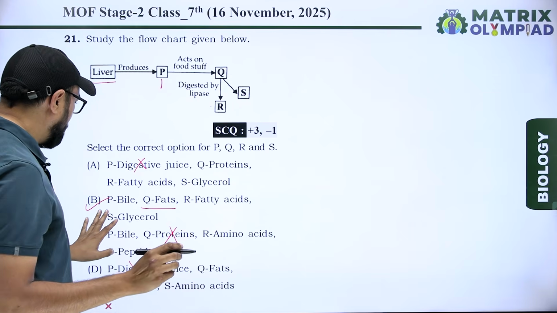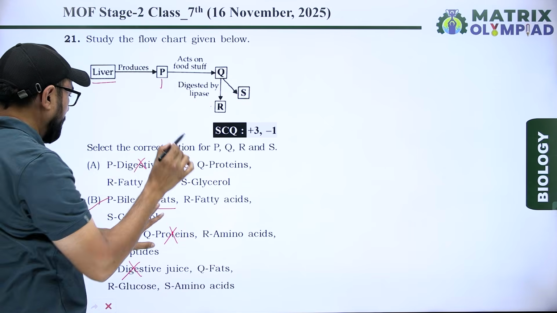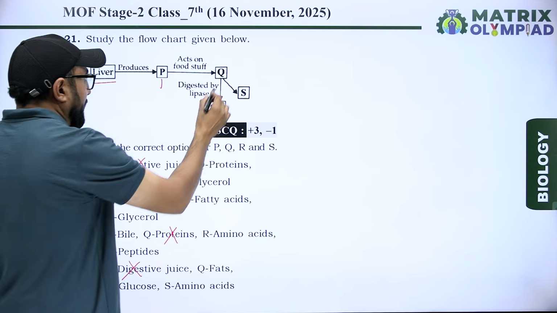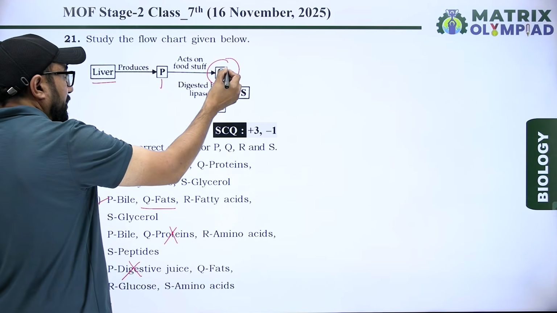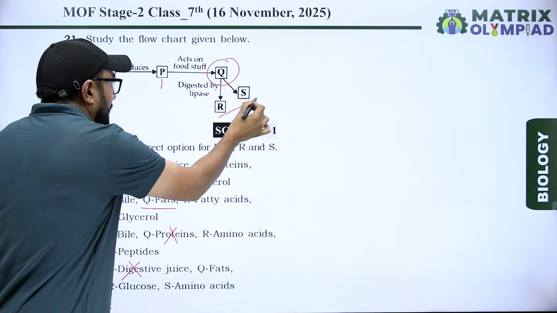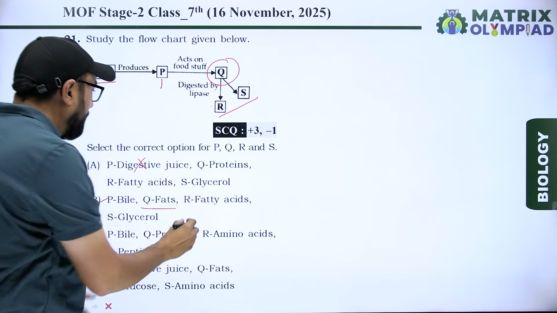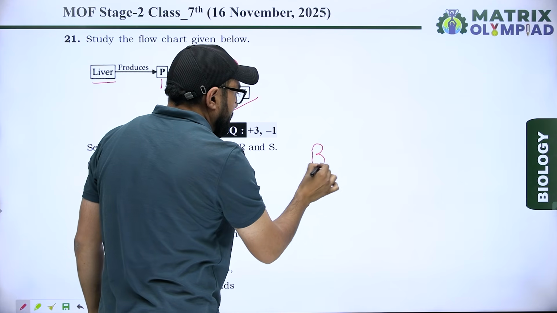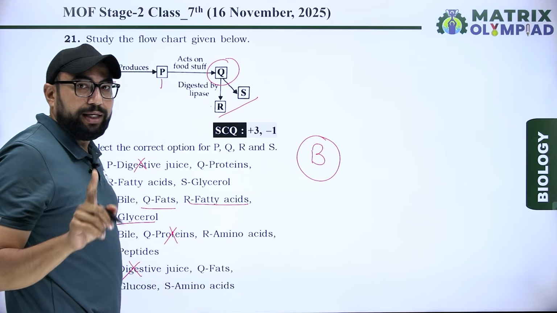So option B, bile, Q, fat, R, fatty acid and glycerol. It means fat breaks down by lipase into R and S. R and S are fatty acid and glycerol. So the right answer is option B.